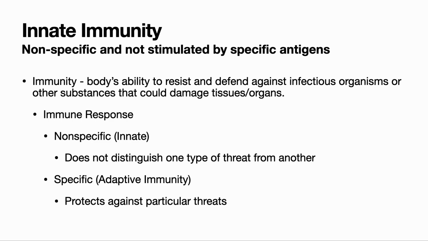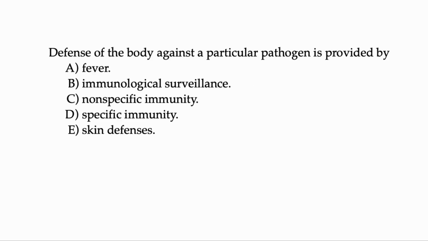The fourth one is interferons. The fifth is complement. The sixth is inflammation. And the seventh is fever. So that might be a helpful way to study them in order to help you remember the different ways that your body protects you in a non-specific or non-targeted way.